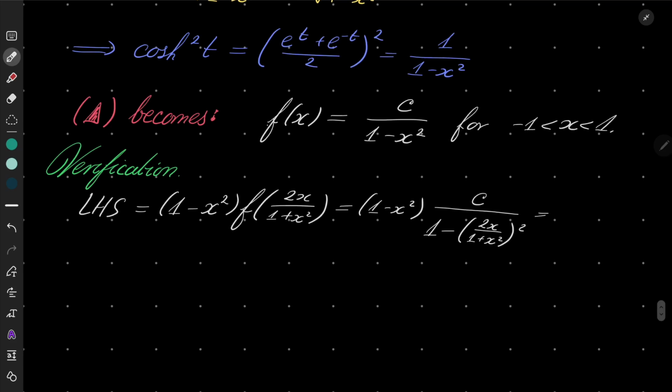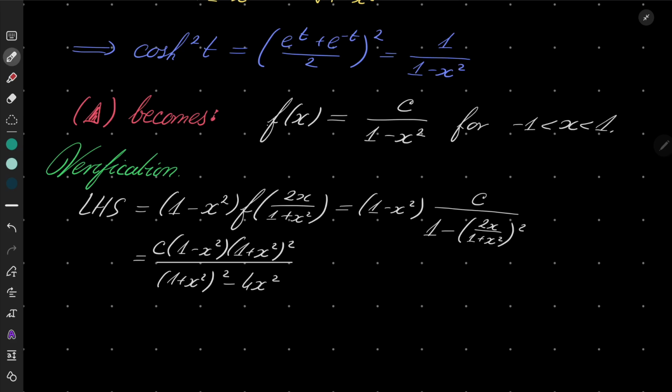After some simplification, it will be 1 minus x squared, c 1 plus x squared, and in the denominator we have 1 plus x squared minus 4x squared.